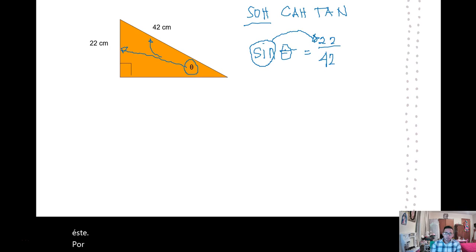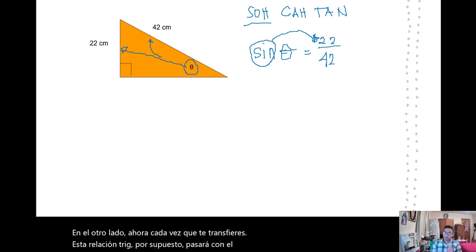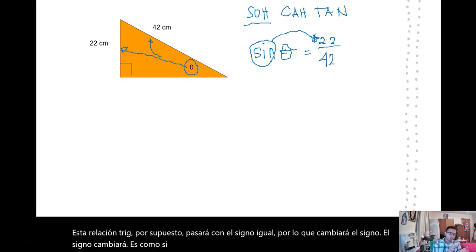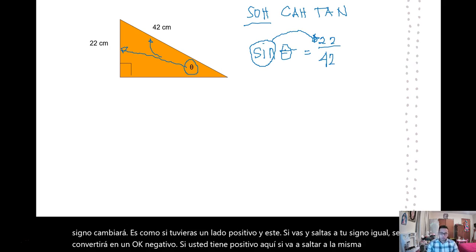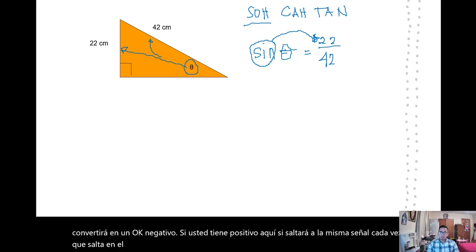Every time you jump over the equal sign, it changes the sign or the operation. It's like if you have a positive on this side and it jumps over the equal sign, it becomes a negative.